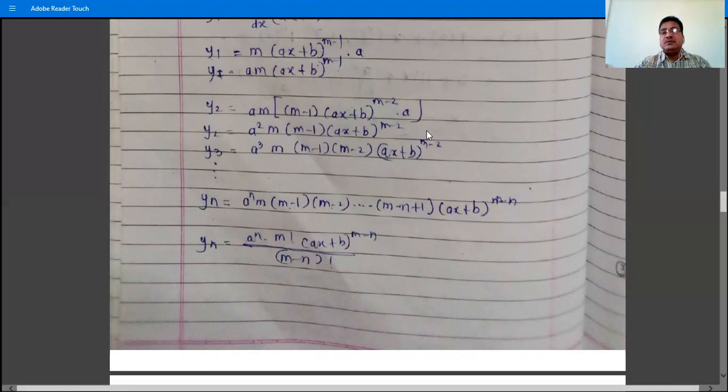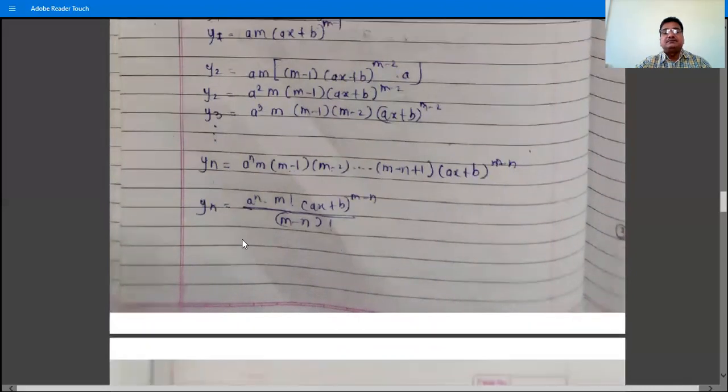And for the power, if we observe y3, it is ax plus b raised to m minus 3; for y2, it is m minus 2. So here yn has (ax plus b) raised to m minus n.